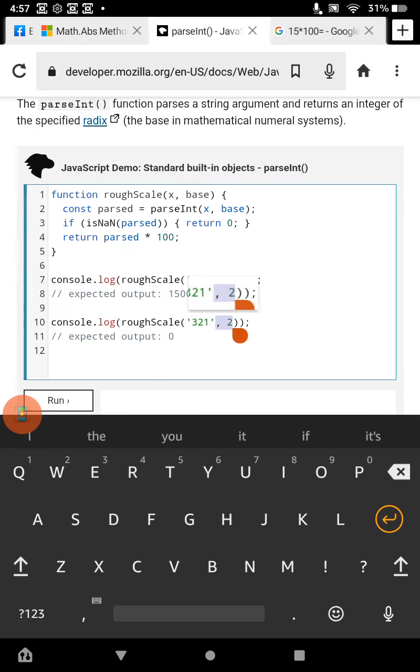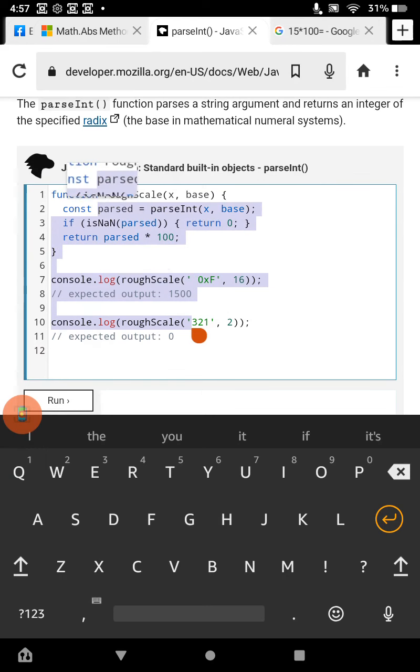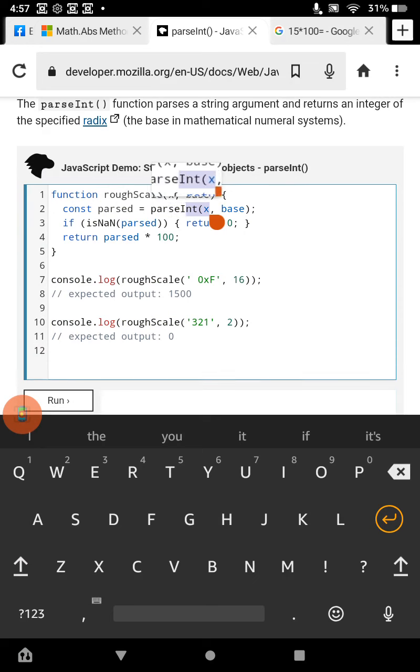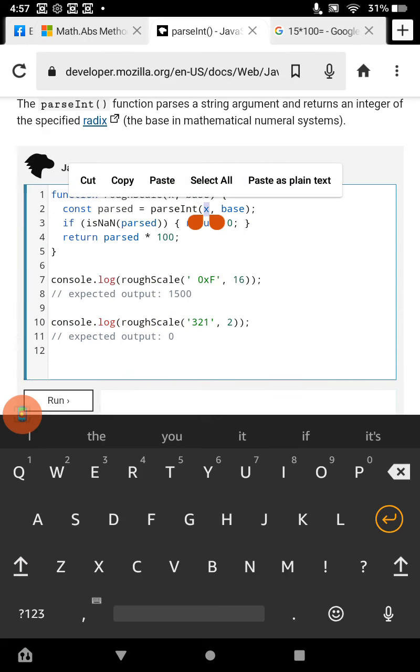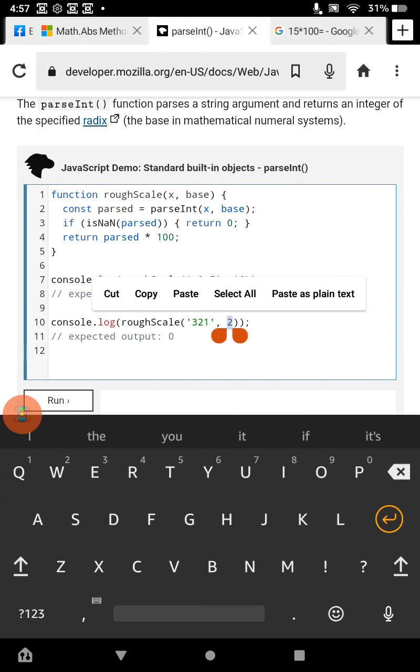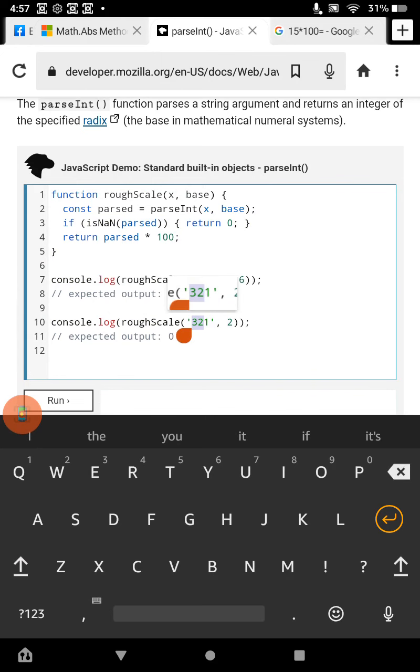This should be the value of 10, because this would be interpreted by the JavaScript parseInt function up here within the X as a decimal value, but it's being passed into its base parameter to be interpreted as base 2, which is binary, and this is not in binary, this is decimal.